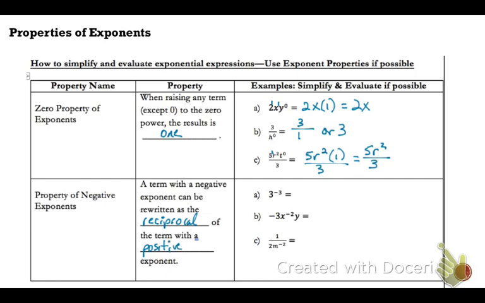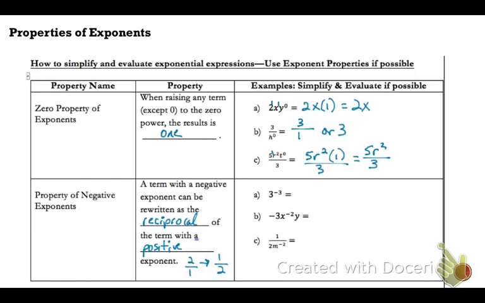Now let's just review what a reciprocal is. If you have the number 2, you could think of it as 2 over 1. The reciprocal of 2 over 1 is simply, flipping as a way to think of it, 1 over 2.